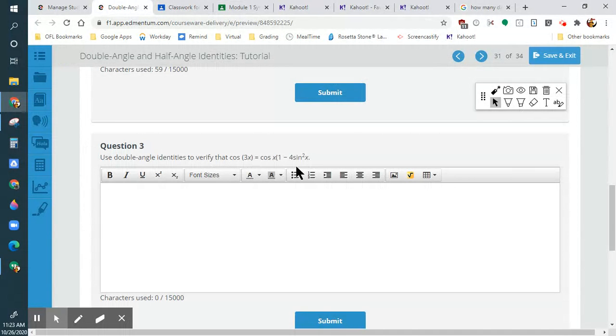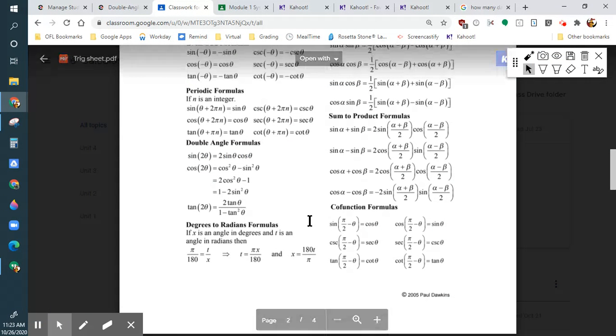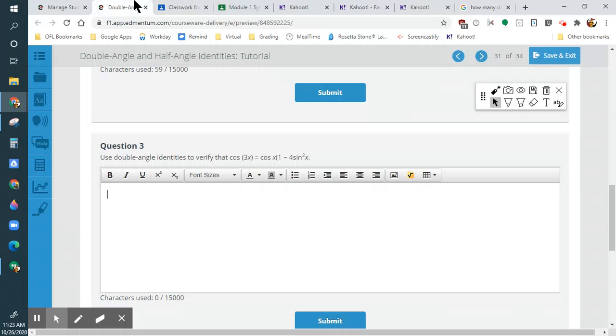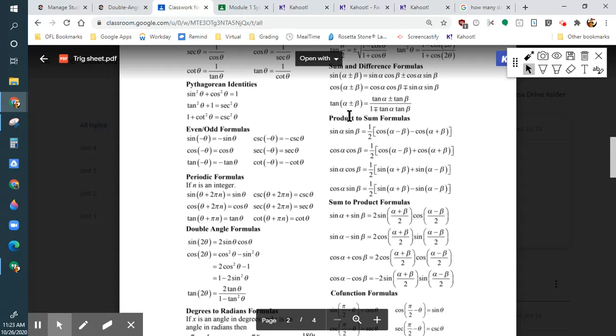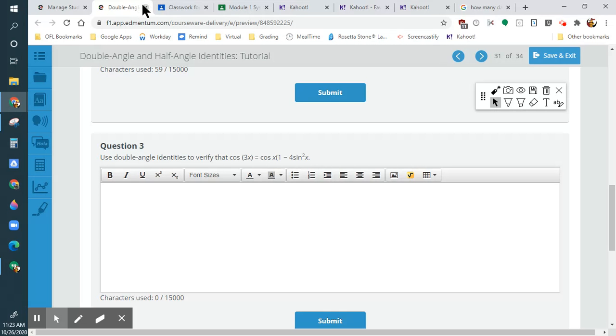So let me think. We have 1 minus 4, and the cosine. I don't really see addition here, so I don't think I'm going to use the sum and difference formulas. I almost feel like that might be a typo, but it can't be.